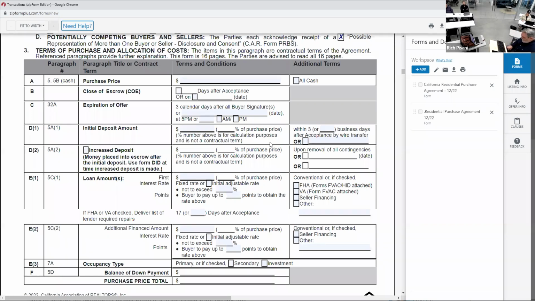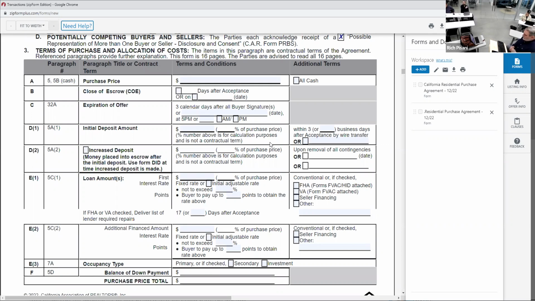If you're in a multiple offer situation and you think you have the best offer and you want to commit the seller to it, right now it's a buyer's market. So they say you can shorten that. But it defaults to 3 days.